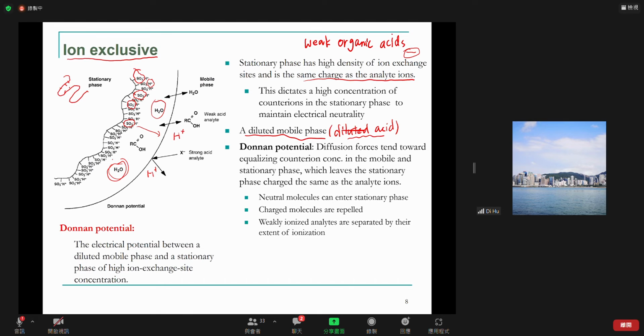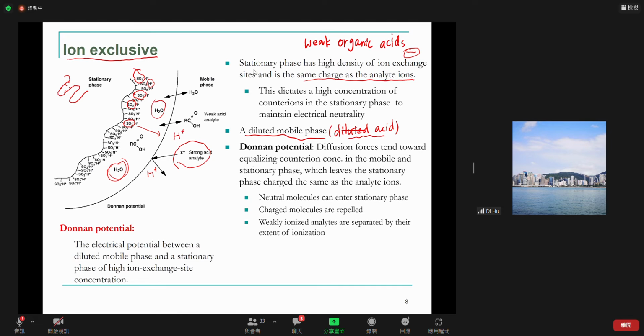However, if it's a kind of strong organic acid, what happens? It'll be charged. And what charge does it have? Negative charge, right? Okay, so for those strong acid ions, can it diffuse into the water? Can it diffuse close to the sulfonate group binding site? Can it? No. Yes, very good. No. Why? Because this one has negative charge, so it's repelling it.